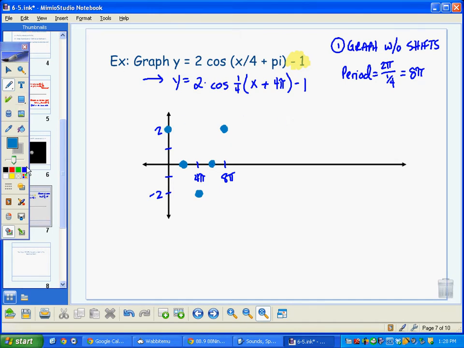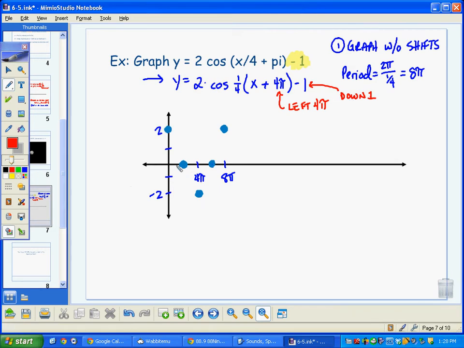However, this graph does have some shifts in it. First off, we have a phase shift, which is going to move it to the left 4 pi. And then I have a vertical shift, which will move it down 1. All right.